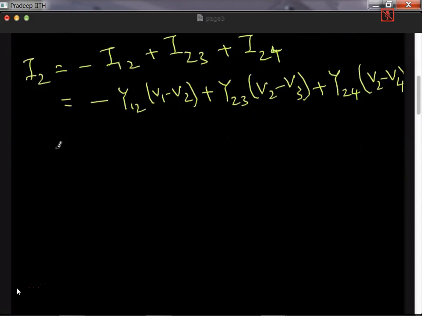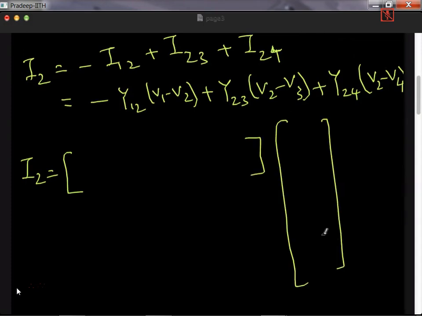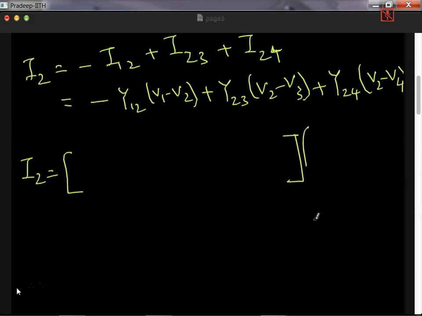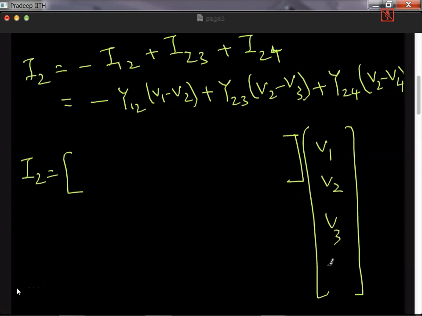Now if I want to write it in the form of a row, let me make some more space. What are the coefficients of V1 in this? You see V1 is coming here, so minus Y12. Coefficient of V2 we'll see later.